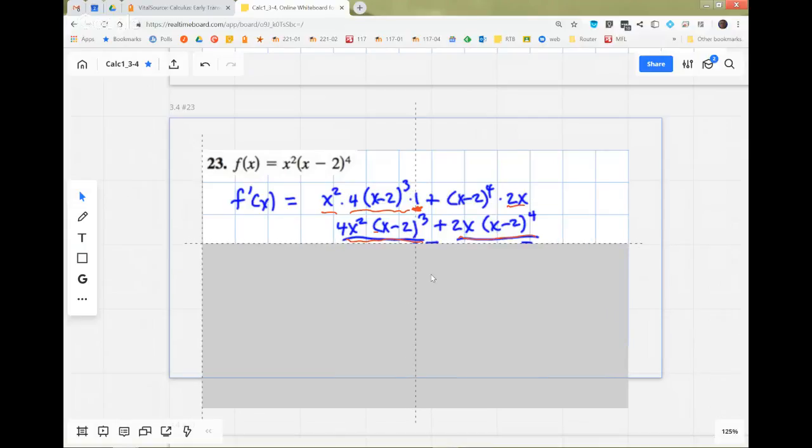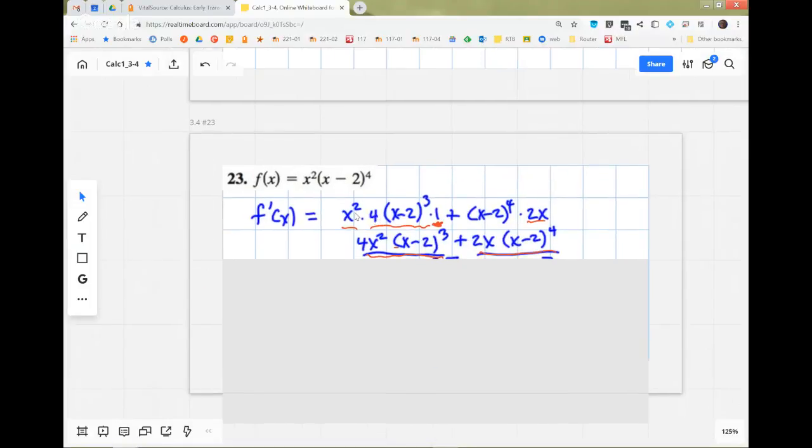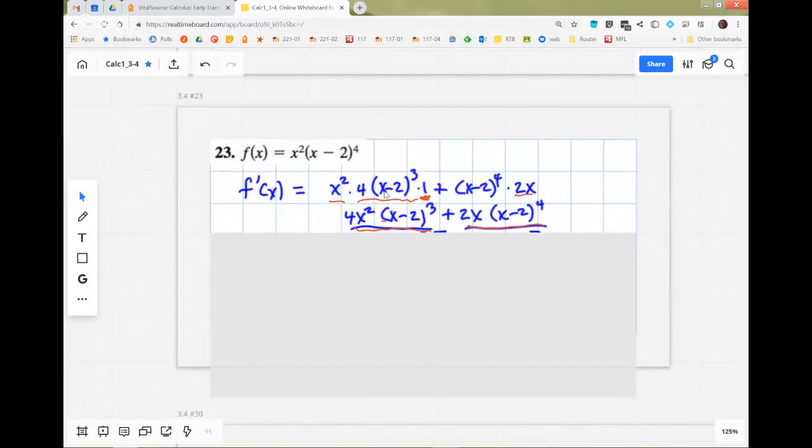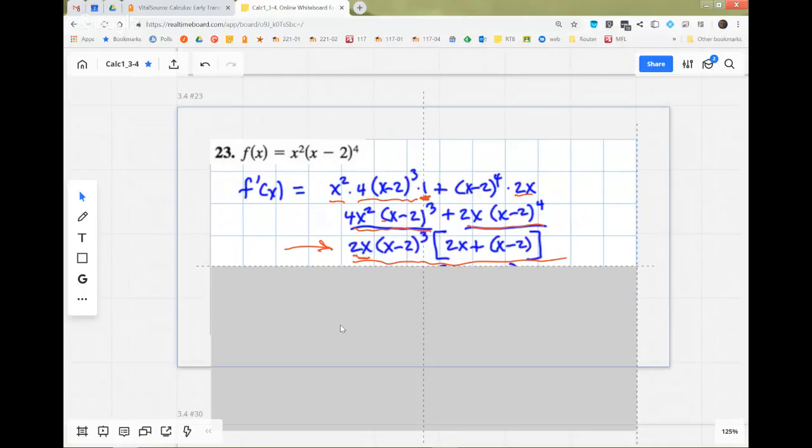I didn't do much there. I simply wrote it in a neater format, x squared times 4 is 4x squared. The 2x, I brought in the front on the right. Not much algebra there. So here comes that factoring technique that you want to get into.